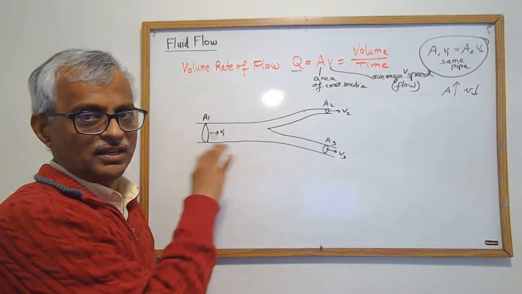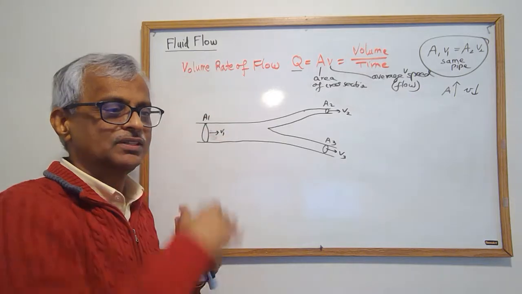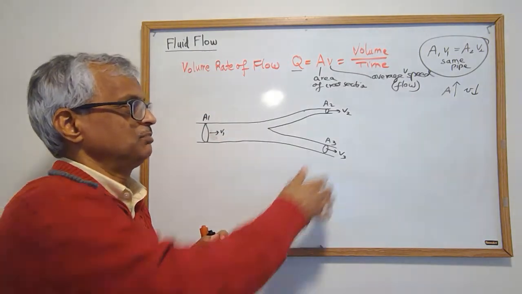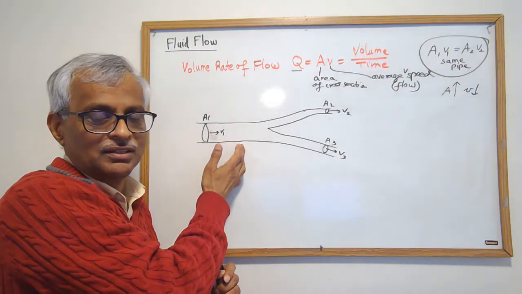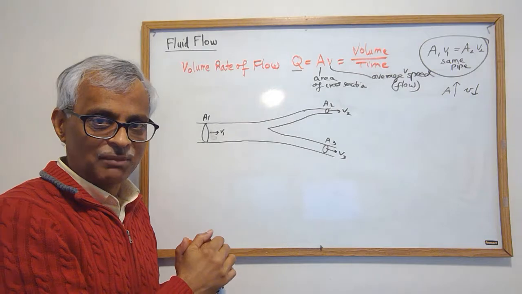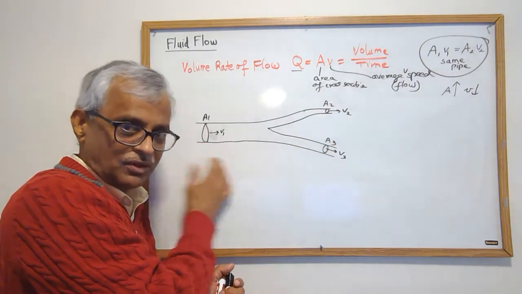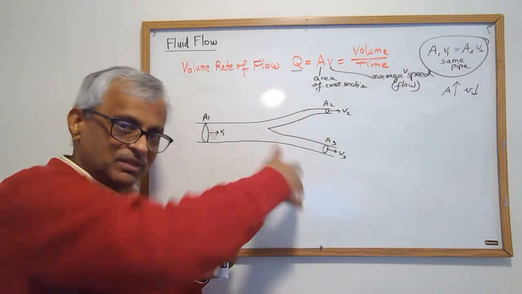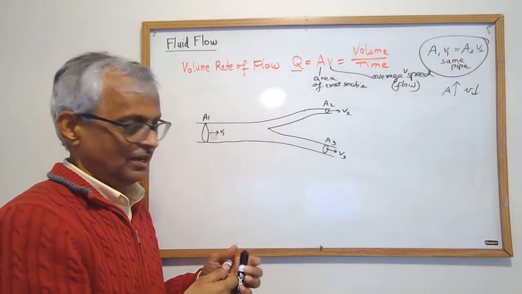Now let's look at a system. For instance, you may have an apartment building, and this may be one apartment, this may be another apartment, and this is a common supply, and both of them are on at the same time. This supply is on all the time. I just showed two, maybe a whole bunch of branches, but there are only 2 branches here.